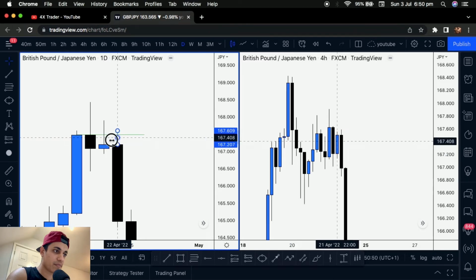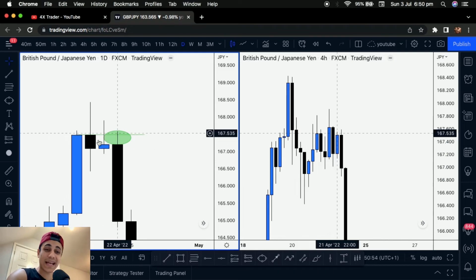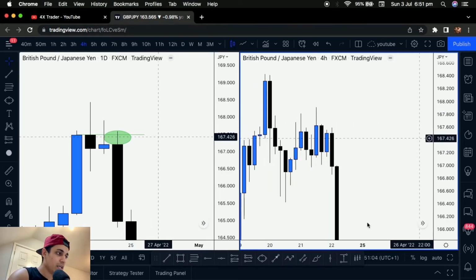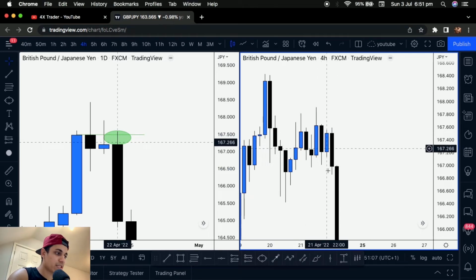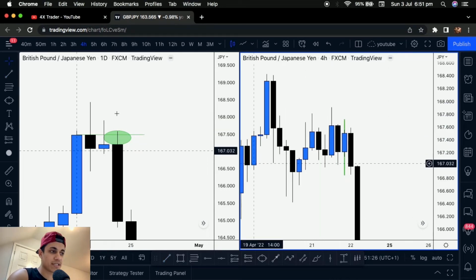Boom. I don't know why it's not working, but you see that wick? That's exactly where we want to enter our position. We move on to the 4 hour. On the 4 hour, right there, the new day starts right around here. This candle right here is our next day, which is this wick.